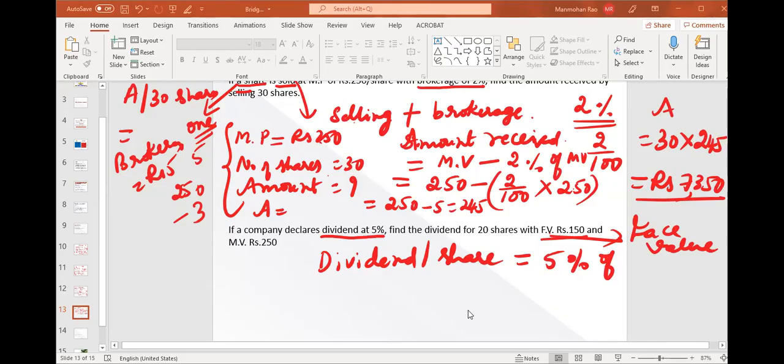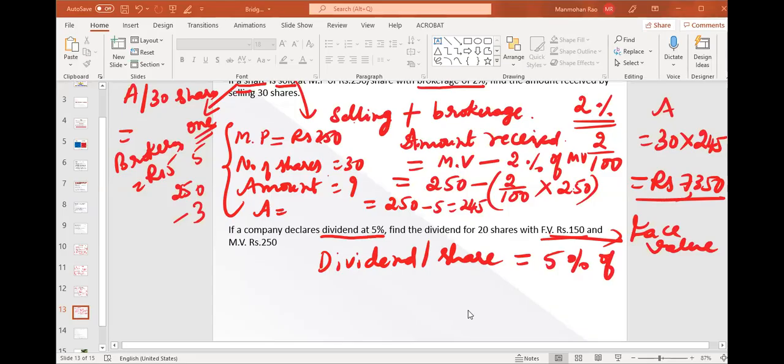Market value will be given. For example, a brokerage problem includes face value as well as market value. In the examination or in the textbook, whenever you deal with any problems of shares and mutual funds, the market value and face value are both mentioned. Without face value, there is no problem. Face value is always there, and market value is also there in the transaction while purchasing and selling shares.